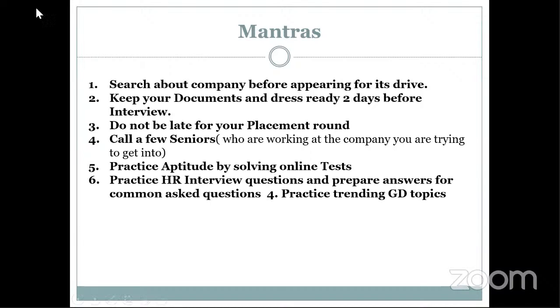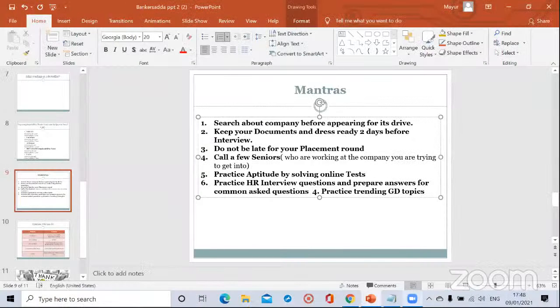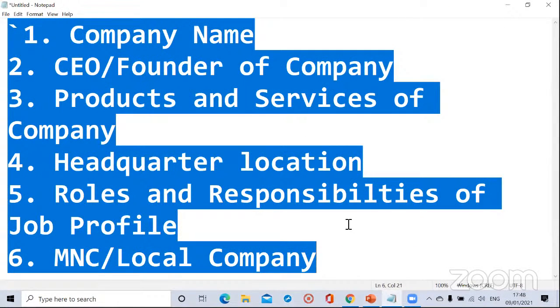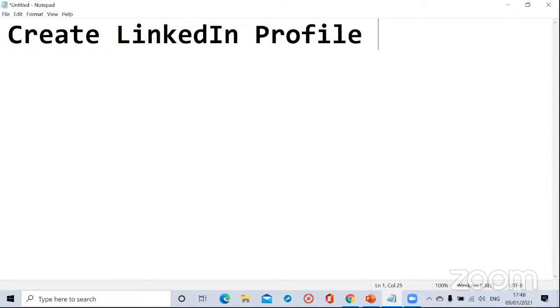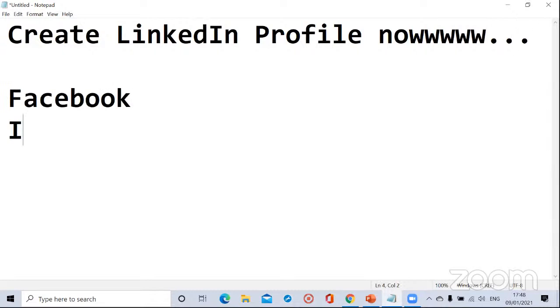And the most important part that I want to suggest: create a LinkedIn profile now. Everyone has a Facebook profile, everyone has an Instagram profile, everyone or most of the people are on other sites also, right?